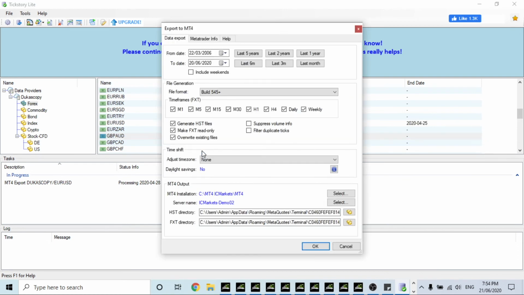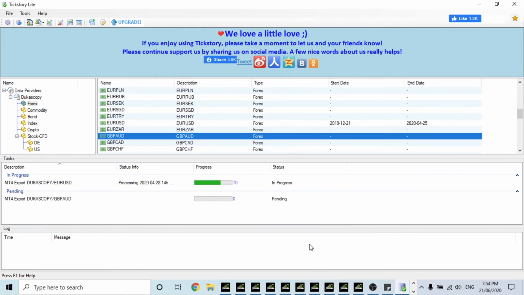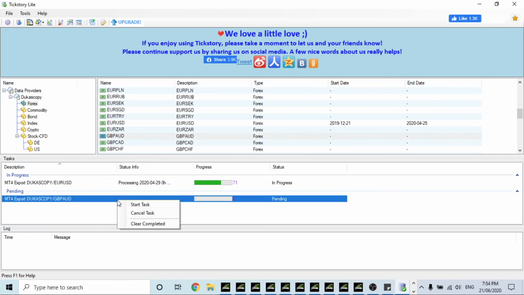Export to MT4, last 6 months, hit OK. Now it'll go into a pending queue, but if you wanted to start it, you just hit start task and it starts processing and starts downloading that tick data for you. But it is best to have that terminal closed or not do any backtesting on that terminal whilst you're downloading the tick data.